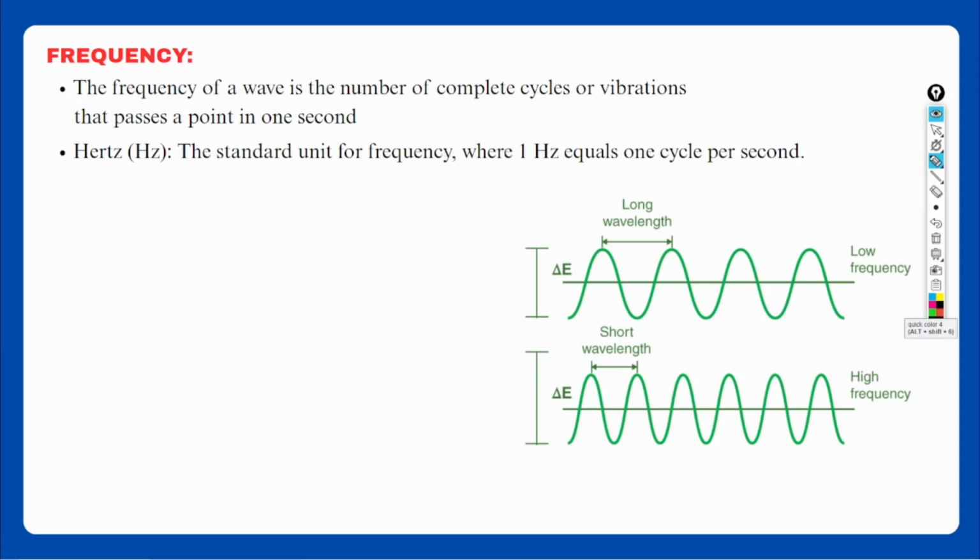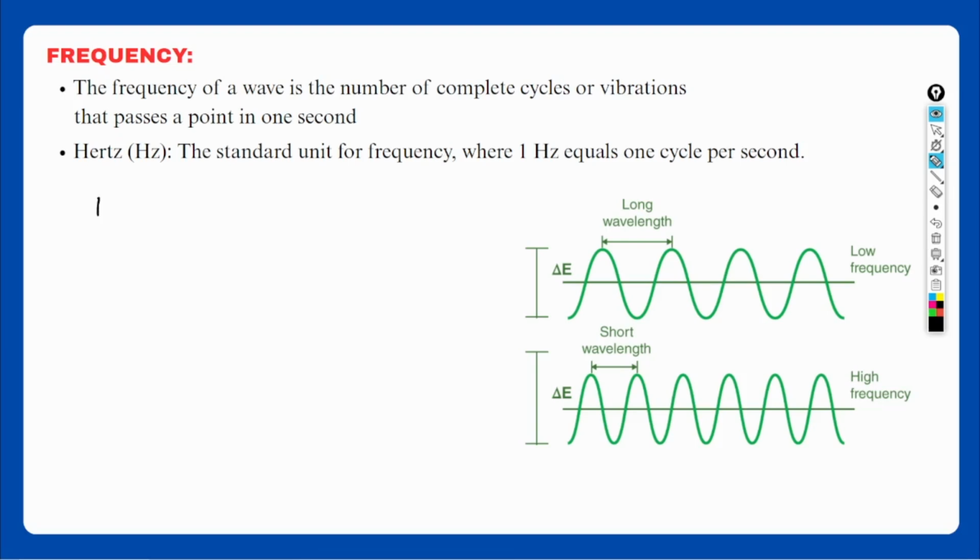Here number of waves or number of complete cycles or number of vibrations, that is the same terminology; you can use any word, it is not a matter. The frequency of a wave is the number of complete cycles or vibrations or waves passing through a point in 1 second.